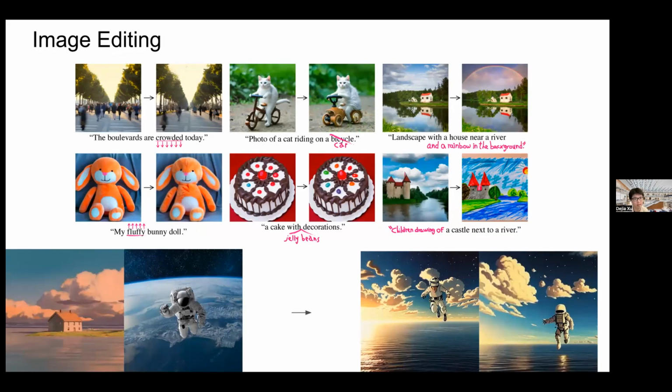For example, given an image, we can manipulate the object or change the style or contents inside the image, or even we can do image mixing. So for example, on the bottom, you can see given two images, we can select which content or which style we want to use and blend the style together. So yeah, this is the image editing part.